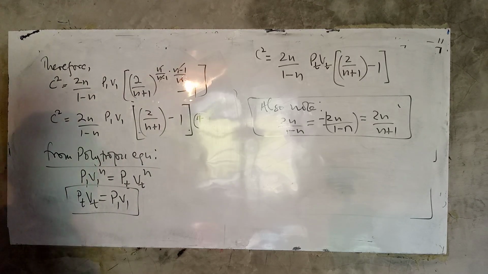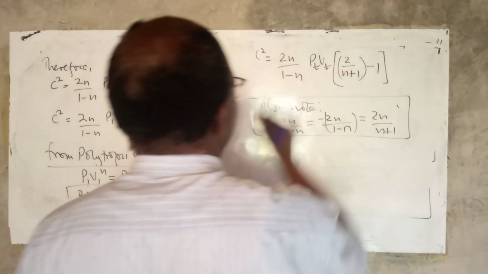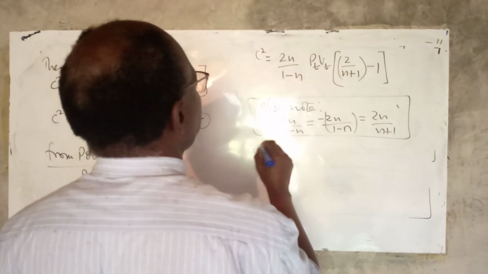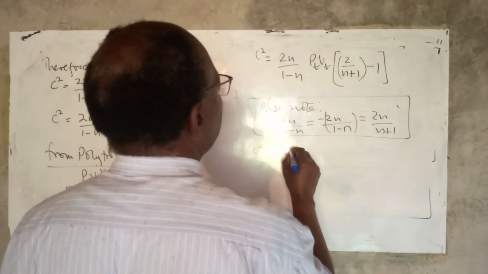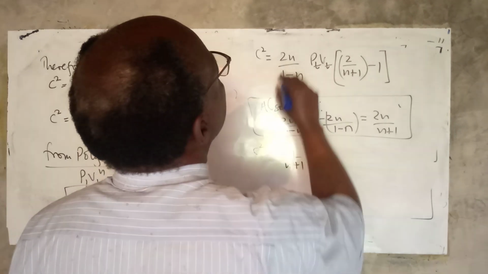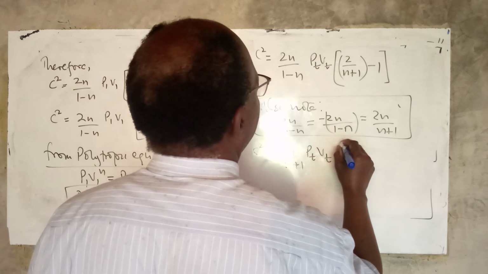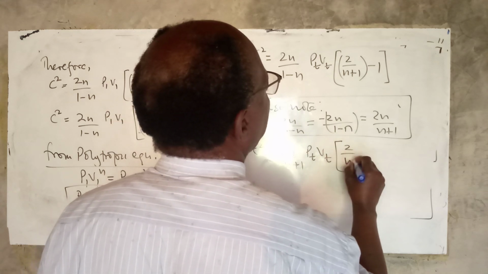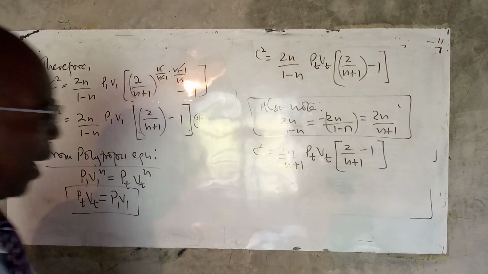And so using that in place here, we can have c squared is equal to 2n over n plus 1 pt vt into 2 over n plus 1 minus 1. So our life is becoming simpler.